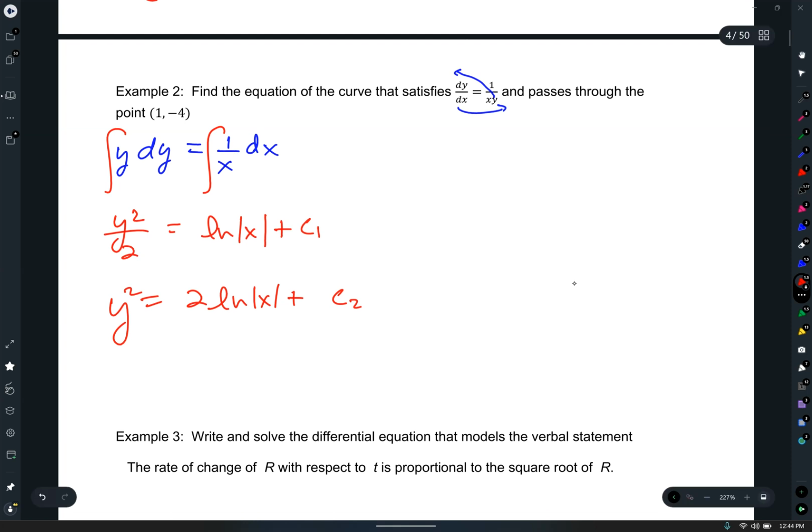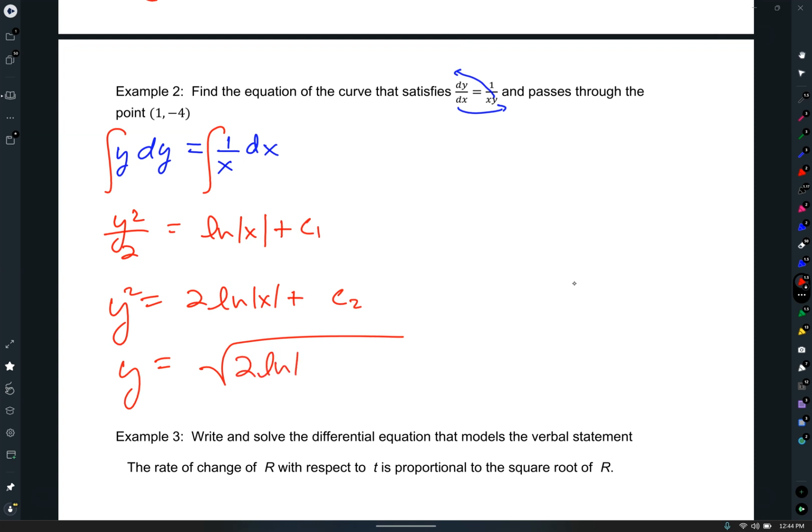Oh, sorry, this is still y squared, isn't it? And now I need to take the square root. So y equals square root of 2 natural log of absolute value of x, plus c. Notice the plus c is under the square root, right? Hey, on this one, could I just say the square root of that and leave the plus c, because it's kind of like saying the square root of c is just another c?